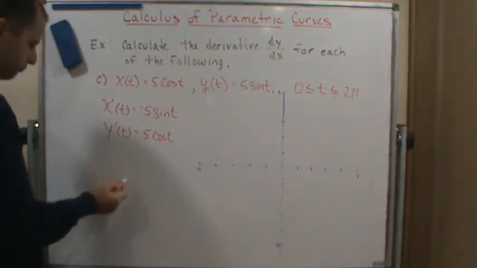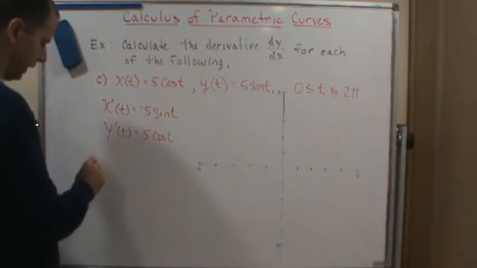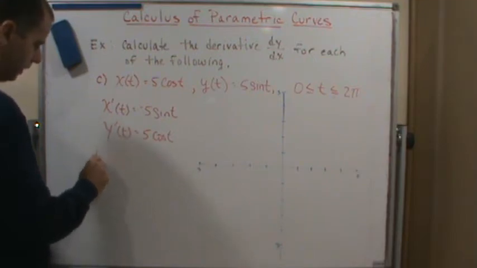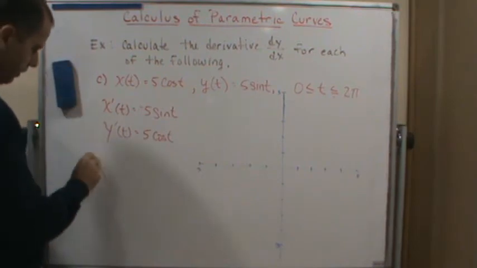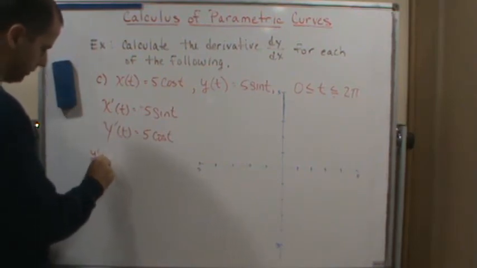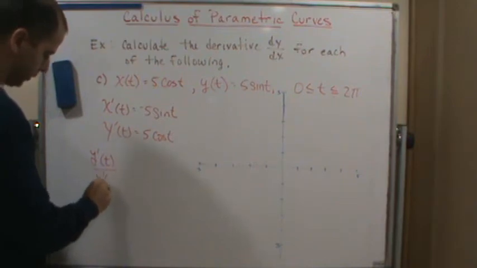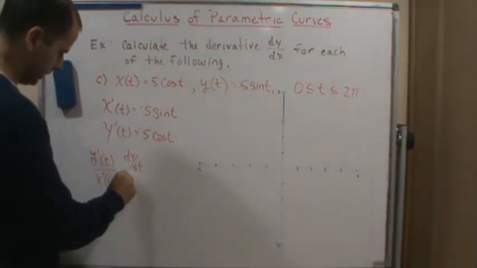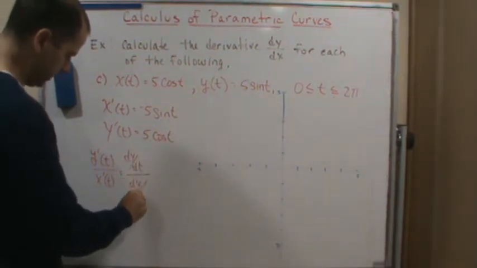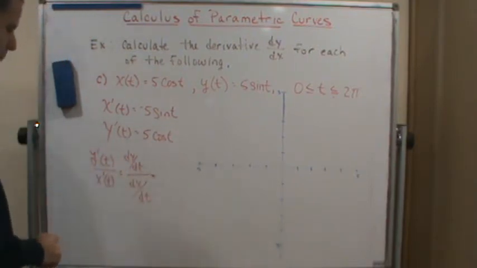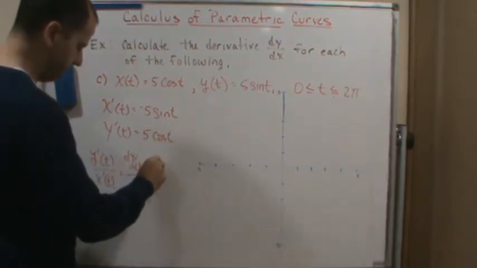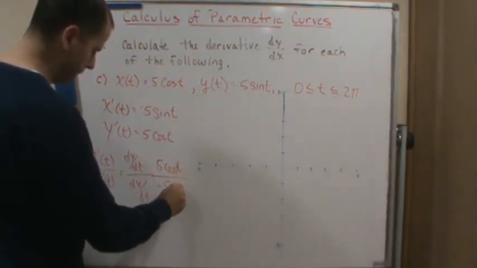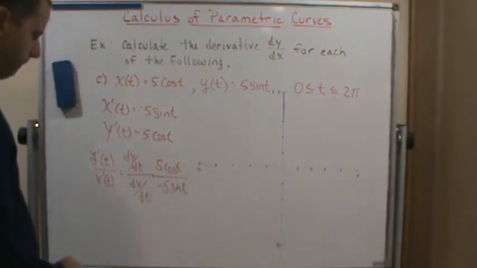And then of course, if we use y prime of t divided by x prime of t, which is again dy/dt over dx/dt, right? Then it's just going to be 5 cosine t over negative 5 sine t, right?